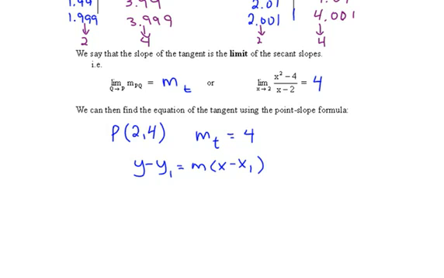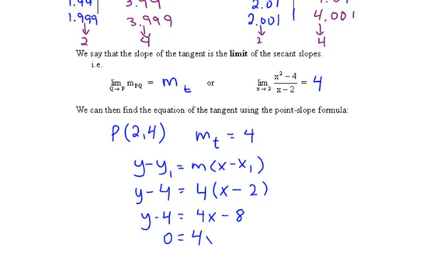Now what? Plug it in. y minus 4 equals 4 times x minus 2. So y minus 4 equals 4x minus 8. Bring everything to one side. Okay. I don't know if that made sense.